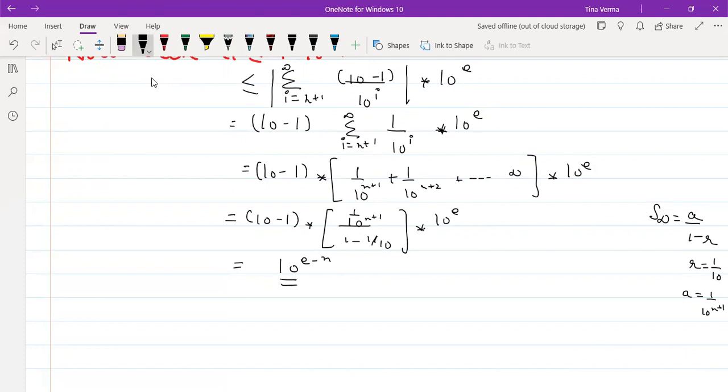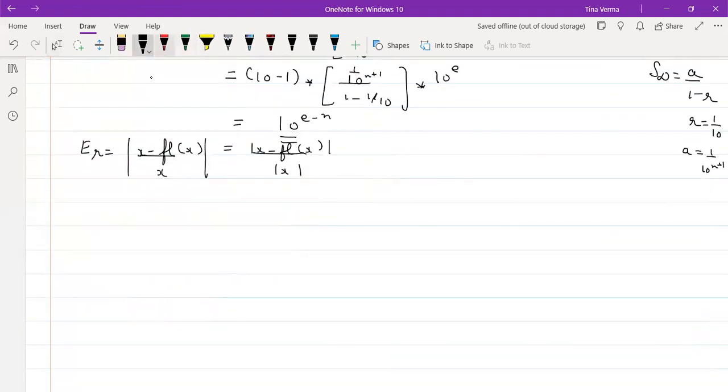I'll do it for relative error, then I'll stop. Relative error is x minus fl(x) upon mod x. This part you have already calculated, that this is less than or equal to 10 raised to the power e minus n.